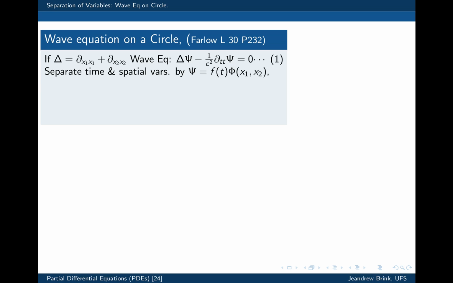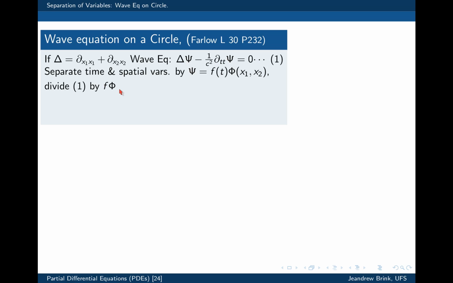So what we do is we basically substitute this in, and then the Laplace operator acts only on the spatial part, only on phi, and the time derivatives act only on f, and then we divide the whole equation by f phi.